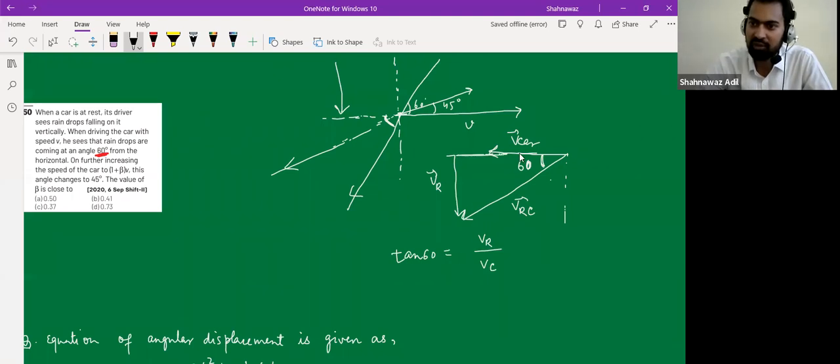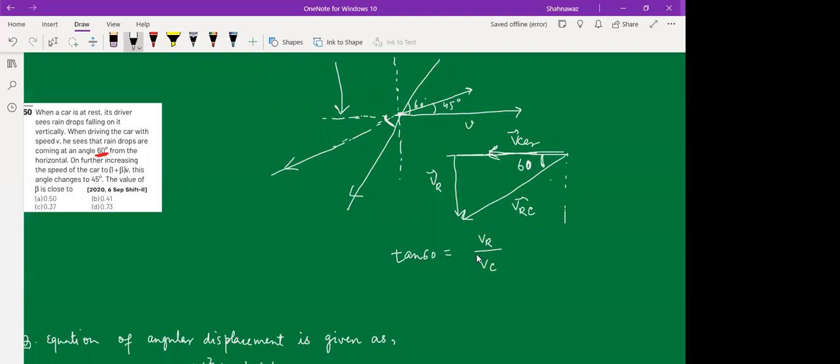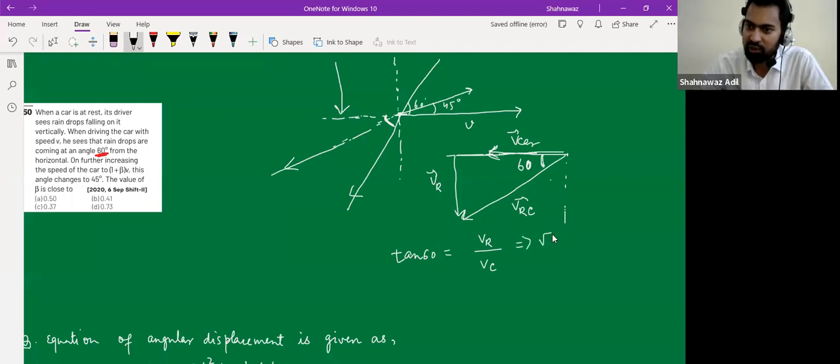In the first part. Understood? Yes, sir. So tan 60 is √3. V car is V and this is VR, right? So VR is V by √3. Understood?